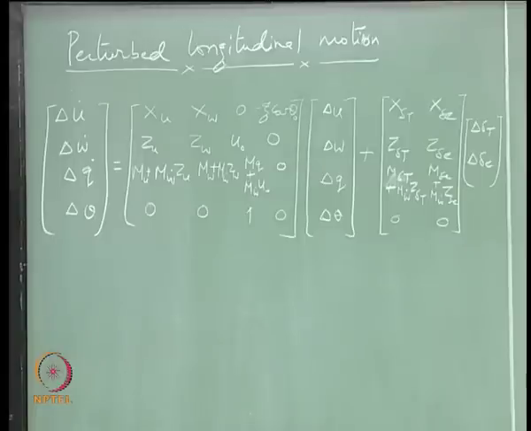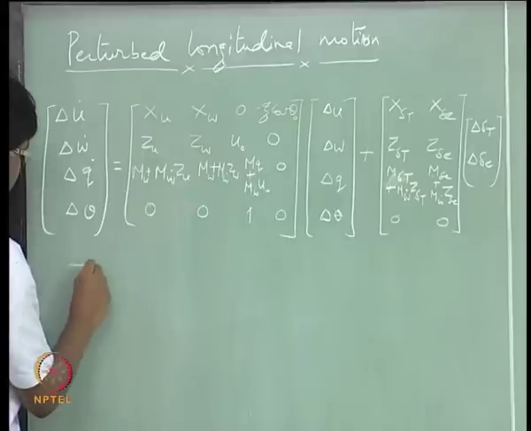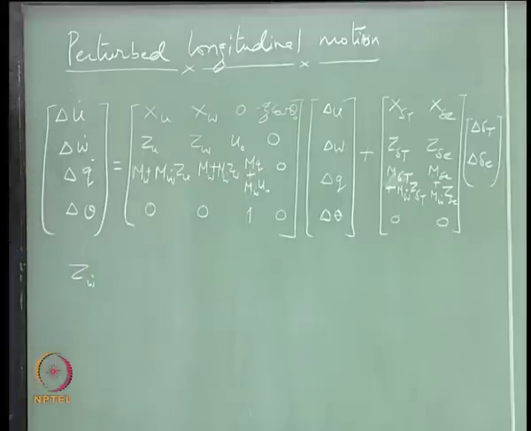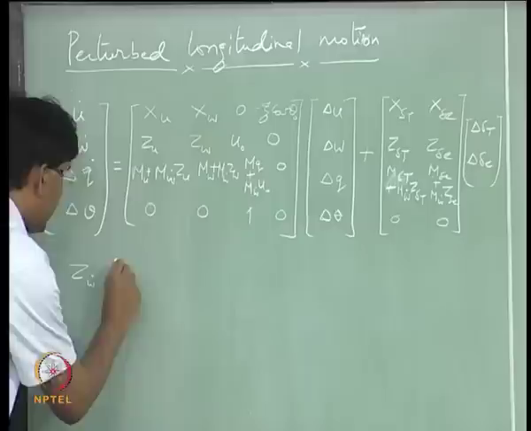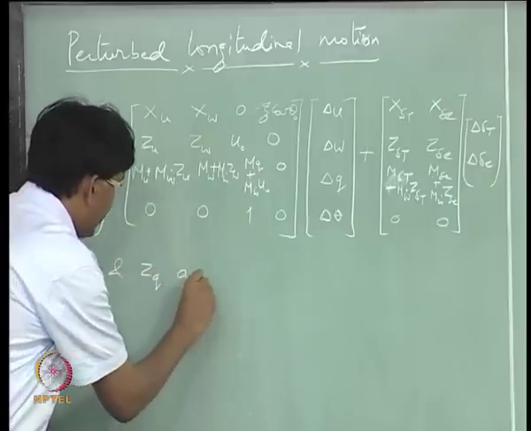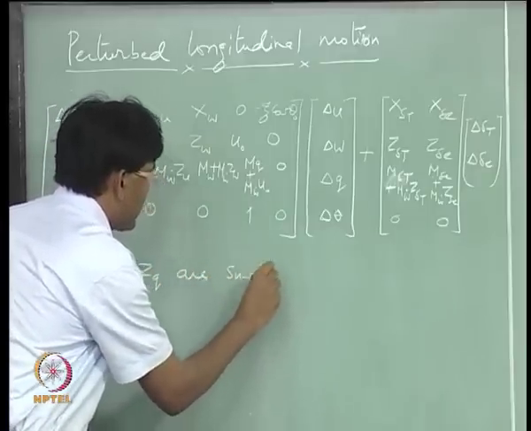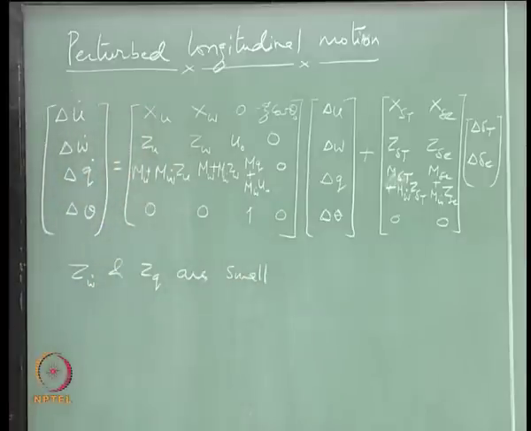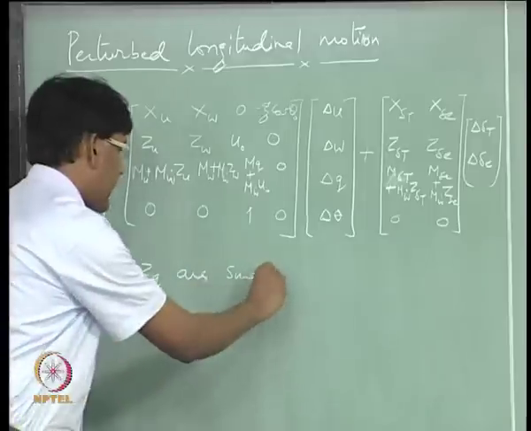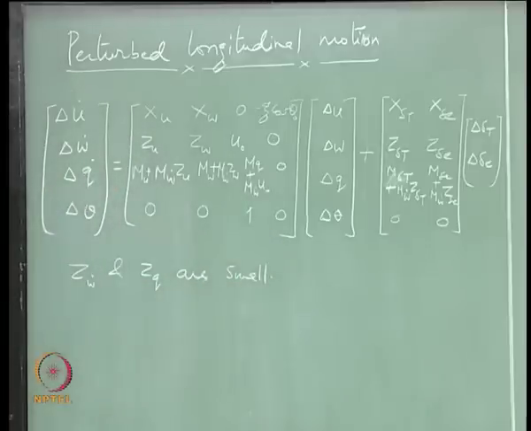Here we have assumed that z w dot and the like are small, and just neglected them from this set of equations, right.